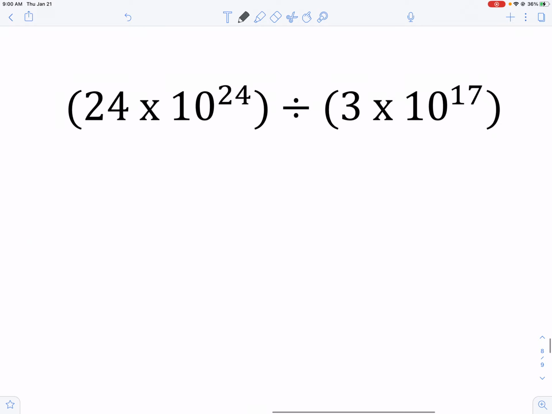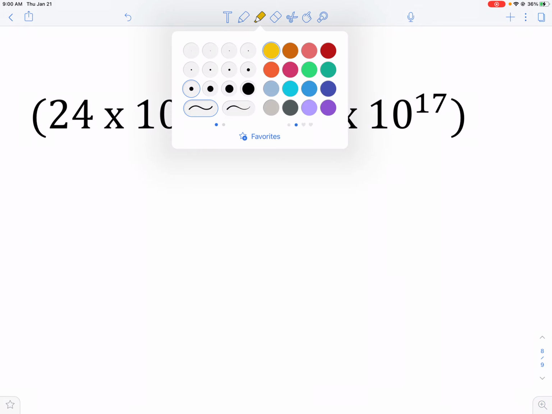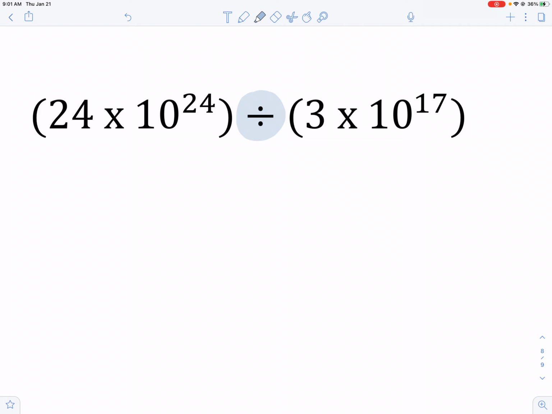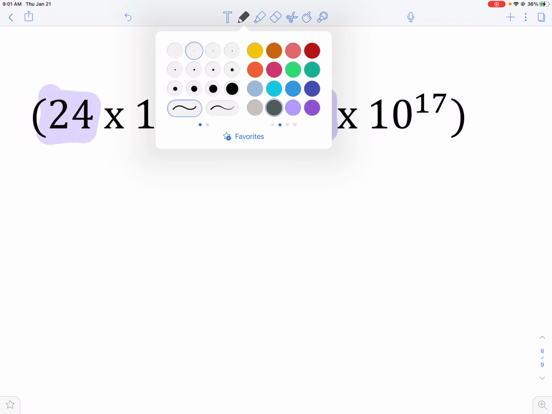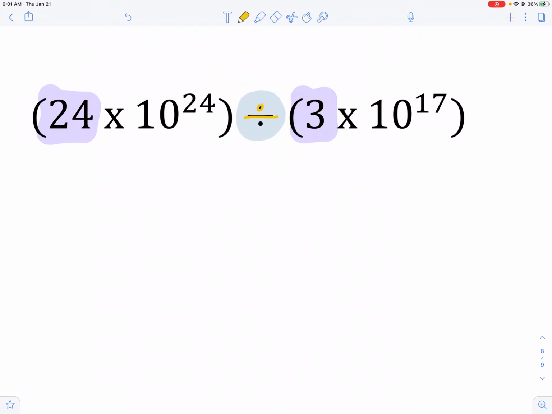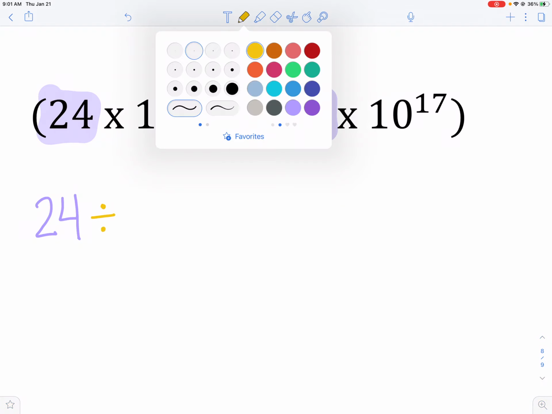Okay, second example: now I've got numbers being divided. So it's going to follow the same idea. 24 times 10 to the 24th divided by 3 times 10 to the 17th. So I'm going to rearrange and put all my numbers up front. Now before, when I rearranged, I multiplied them, but because these are being divided, I'm going to have 24 divided by 3.